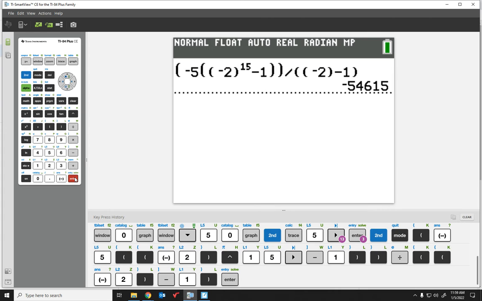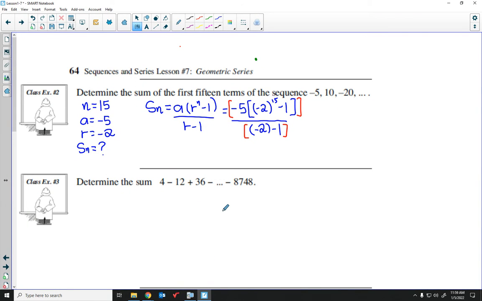But if you find that a little too much to plug into your calculator with the placement of the brackets, then simply break it down step by step following the correct order of operations. So this is S15; we're replacing the n with 15. So S15 is negative 54,615.